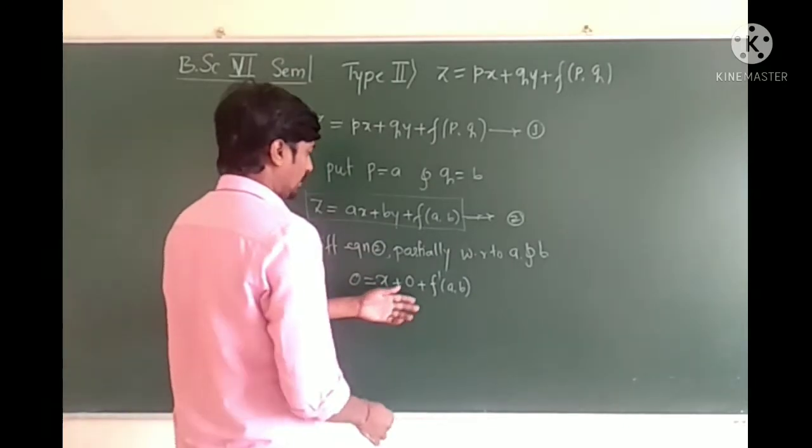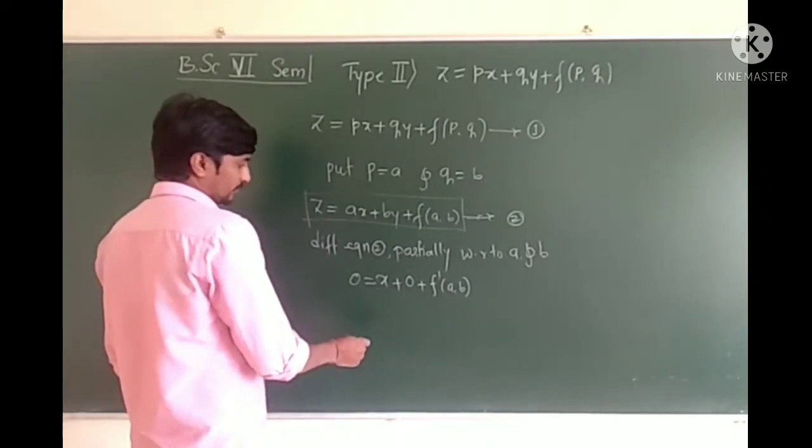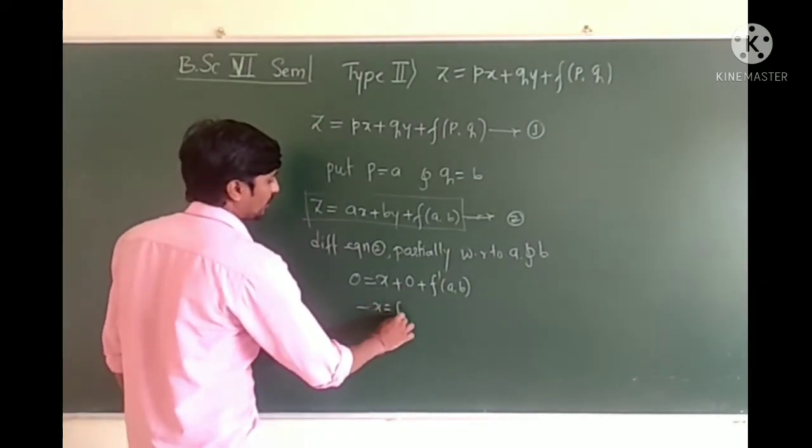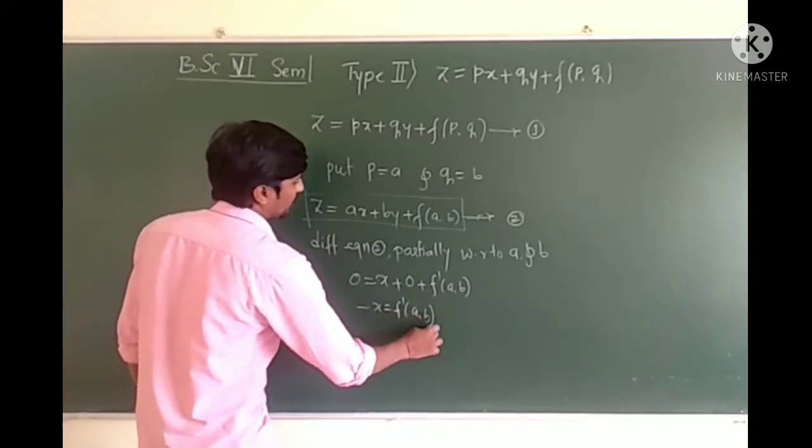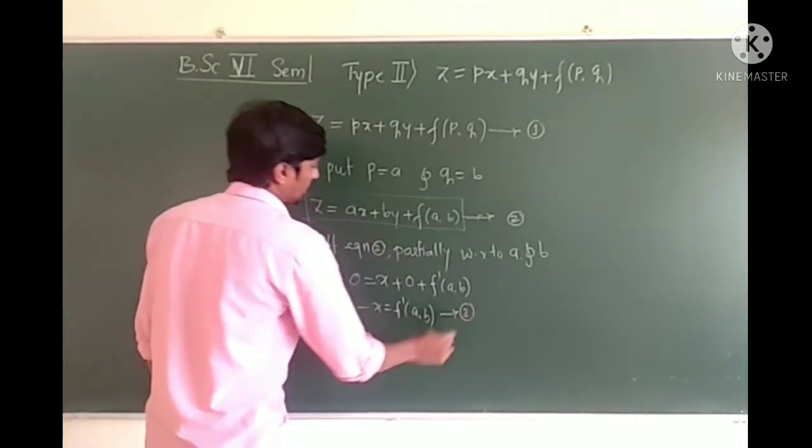I will write this as a minus x = b f dash(a, b), and call this equation 3.